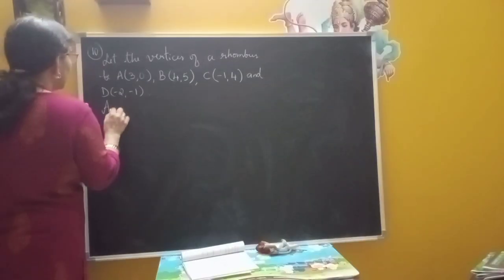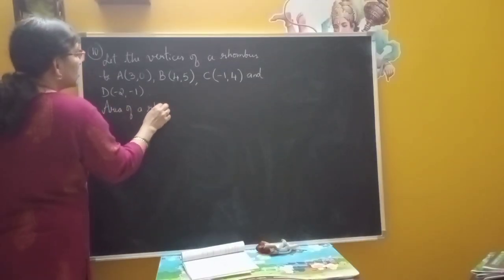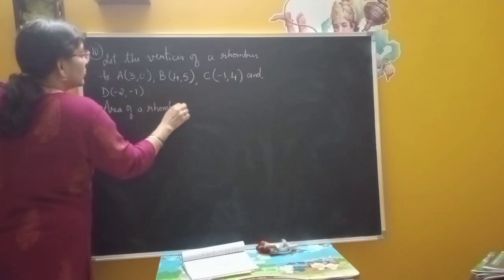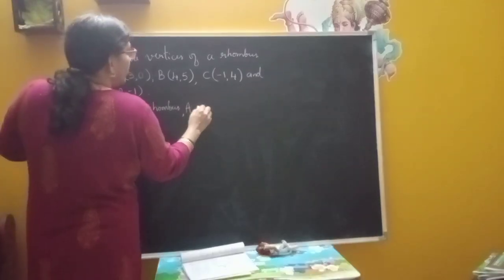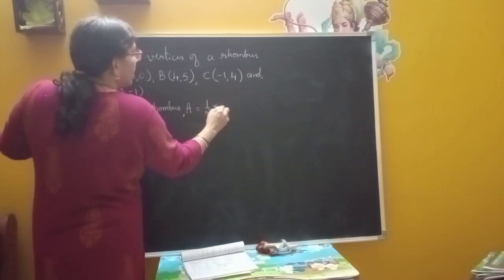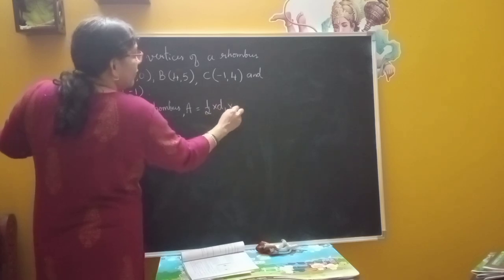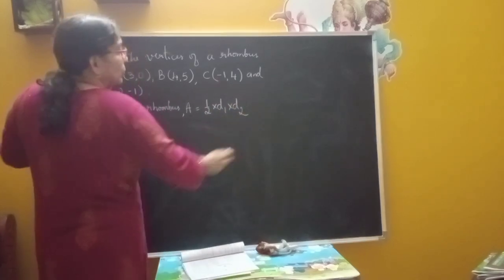Okay, so the area of a rhombus formula is: area A is equal to 1 by 2 into the product of the diagonals, that means d1 into d2.